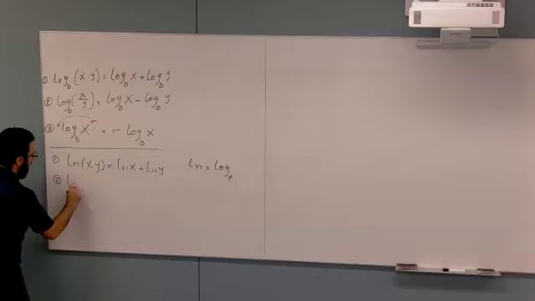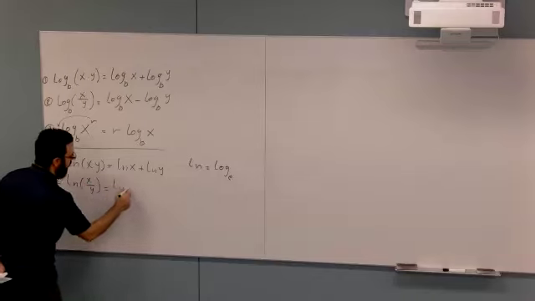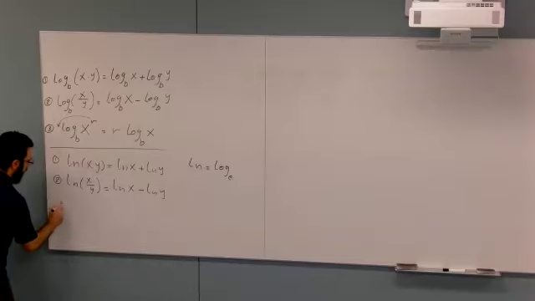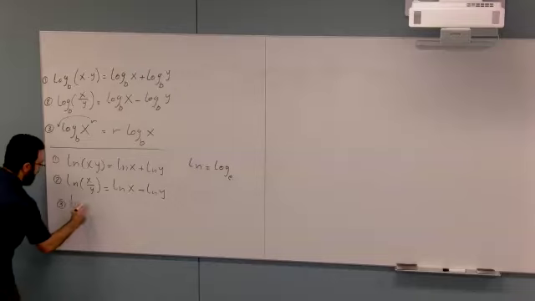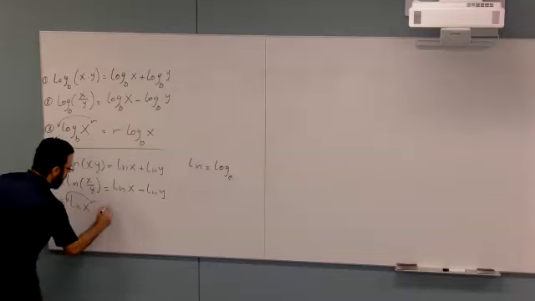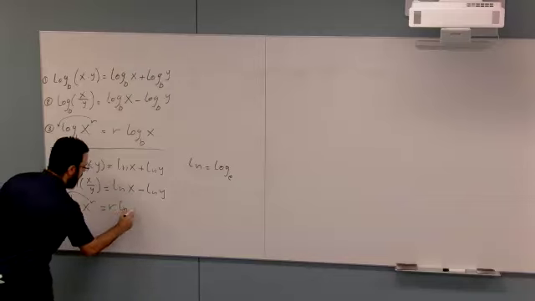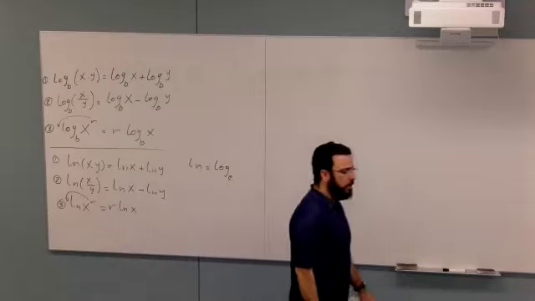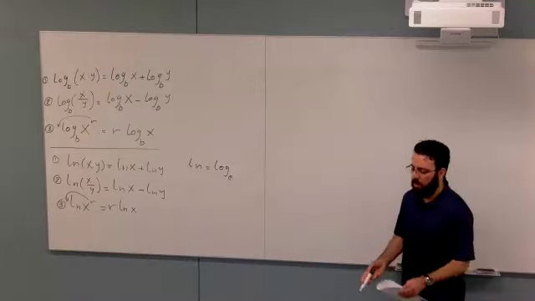That means if we have ln of x divided by y, it is going to be ln x minus ln y. And if we have ln of x to a power, take the power here, so it's going to be the power times ln x. Is that okay so far? So that's what we're going to do in an example.